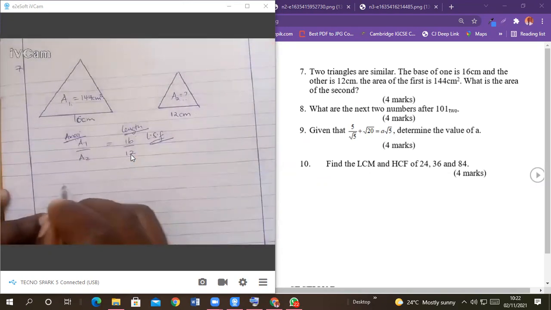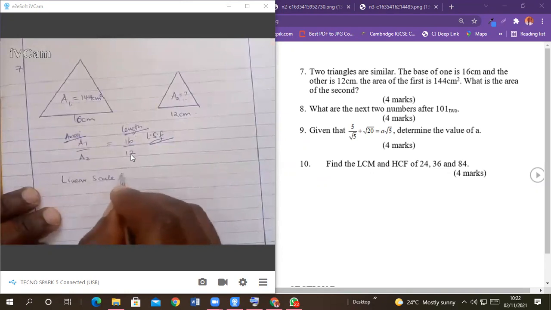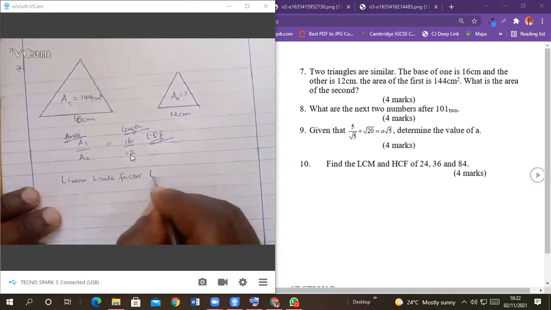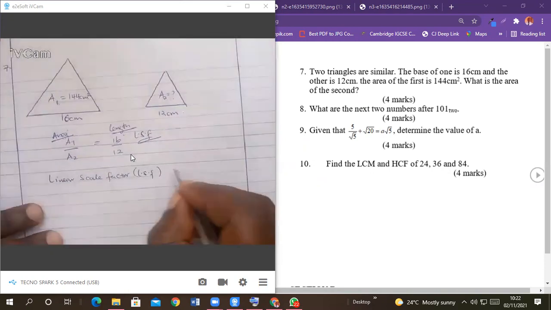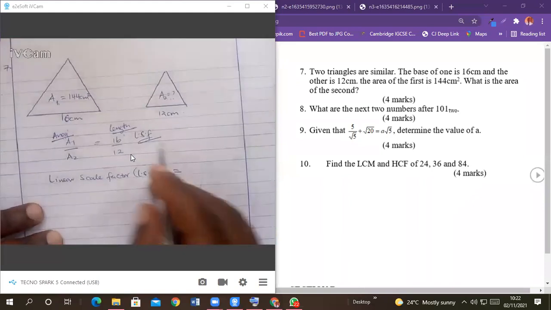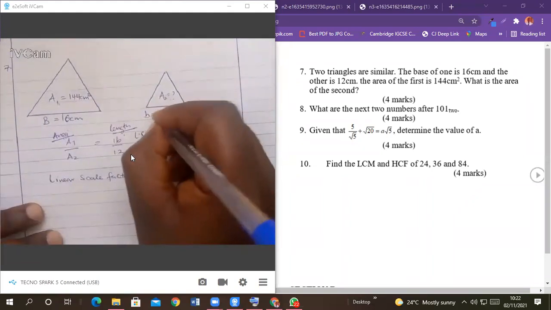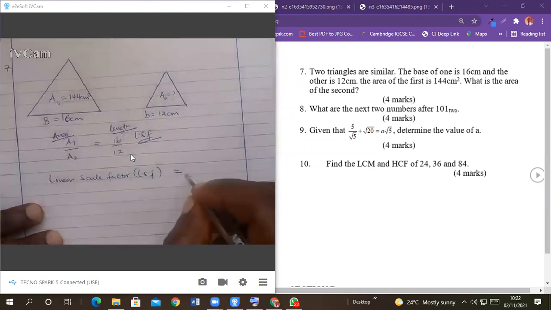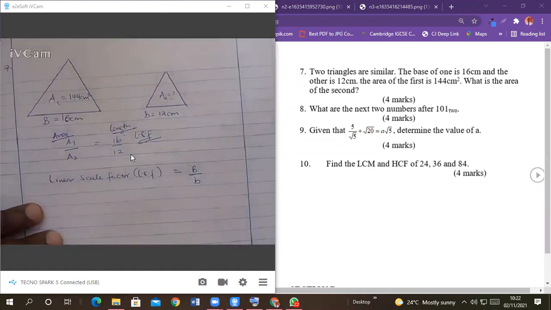So the first thing is you have to first get the linear scale factor, LSF. To get the linear scale factor, if I call this one capital B and this one small b, the length of the bigger base over the smaller base, such that you have 16 out of 12.